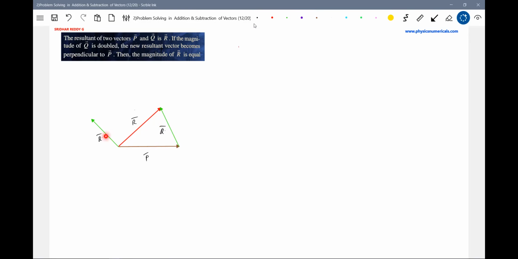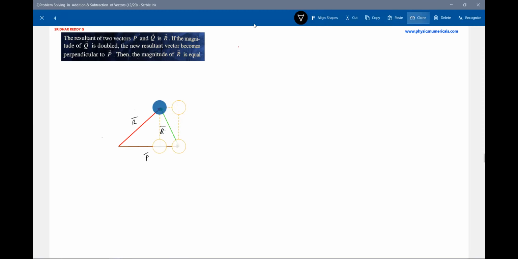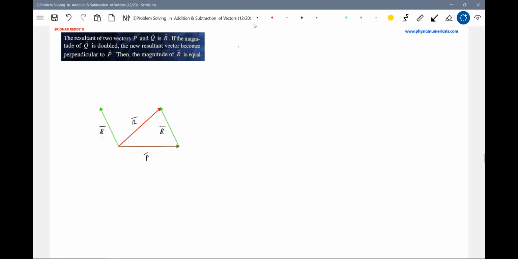I'll use this one. This is what the vector looks like. Hope everyone is able to understand what I mean to say here. Now I'm going to increase the length of Q. Then it's going to get doubled. So how is it possible now?